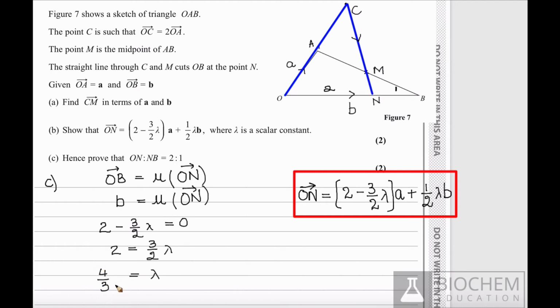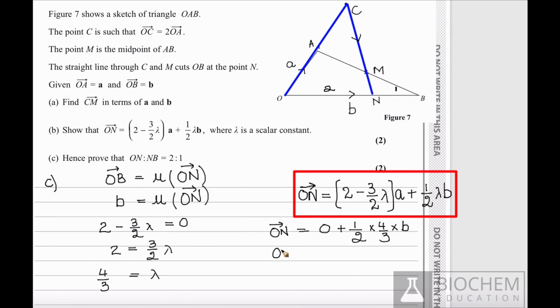Substituting this value of lambda, which is 4 over 3, into this equation will give us ON vector equals, now this will become 0, so that is 0a, hence this becomes 0, plus half times lambda, lambda is 4 over 3, times b.